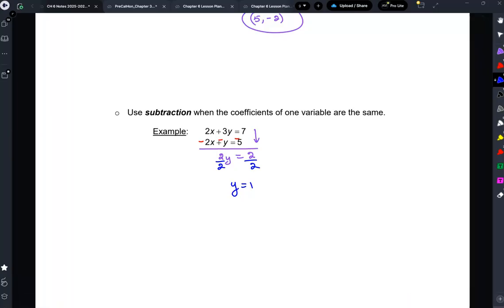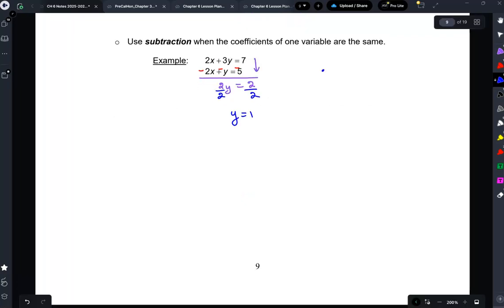Okay? And now I'm going to use any one of the equations. Let's just use the first one. Right? So 2x plus 3 times 1 equals 7.